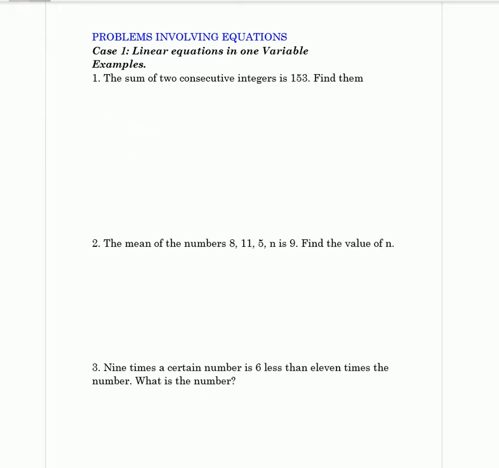And if that is the case, it means that if the smaller number is x, the larger one is x plus 1. If the larger one is x, the smaller one is x minus 1.